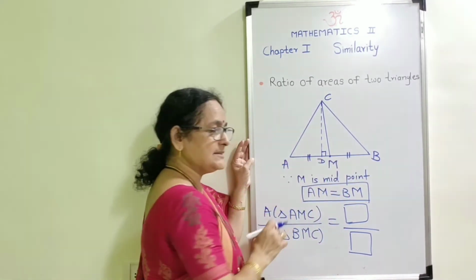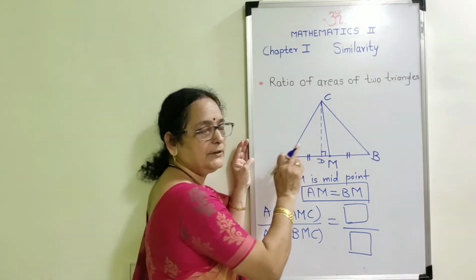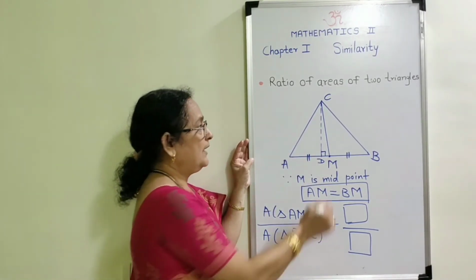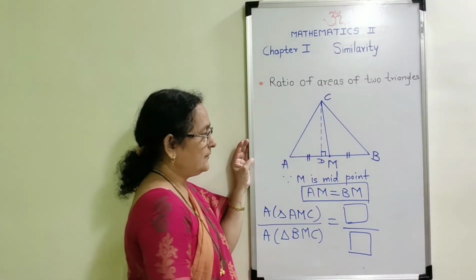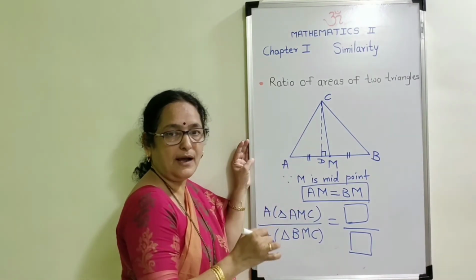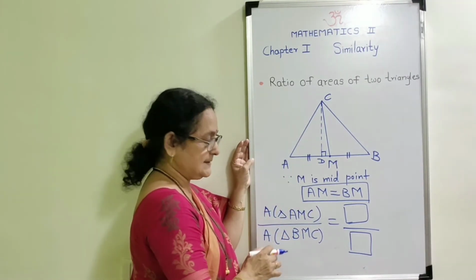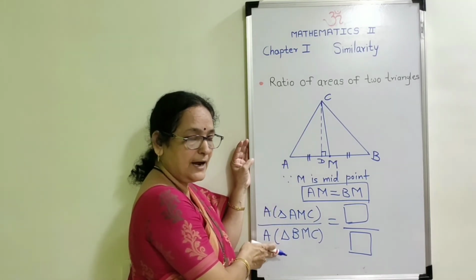Since both the bases are on one and the same line, the bases of both the triangles are collinear, and C is the common vertex to both the triangles. Therefore, CD is the common height, equal height of both the triangles. That means both the triangles are of equal heights.